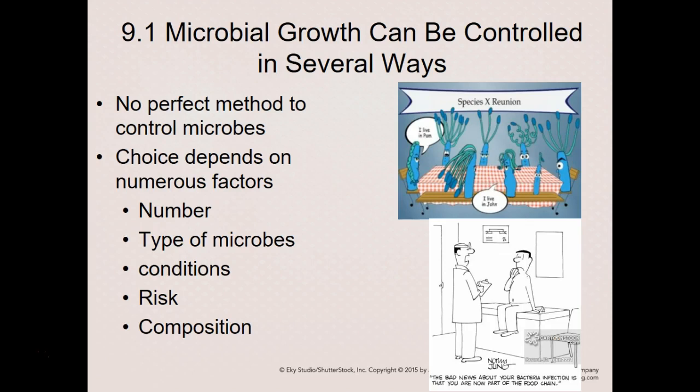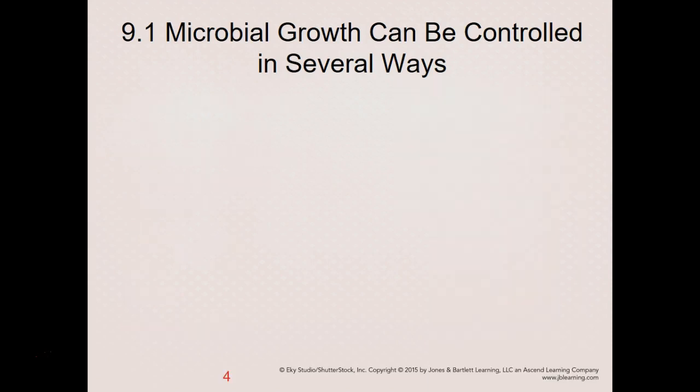And then the composition. If we're dealing with skin versus a toilet seat, that's going to influence our decision of what type of chemical to use or what type of treatment. If it's a metal object versus a glass object, that's going to influence our decisions.